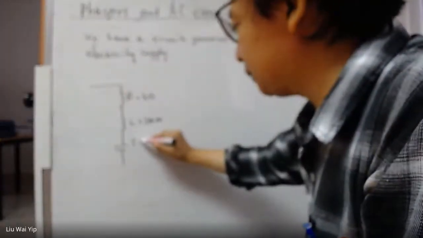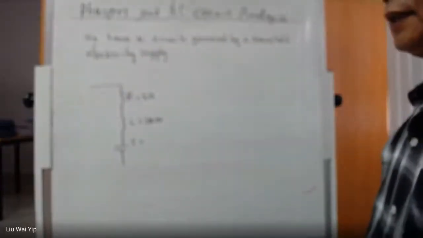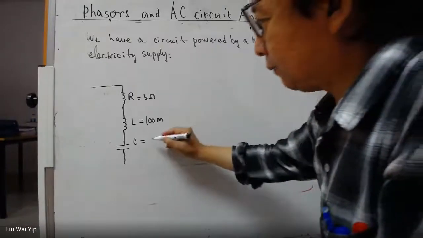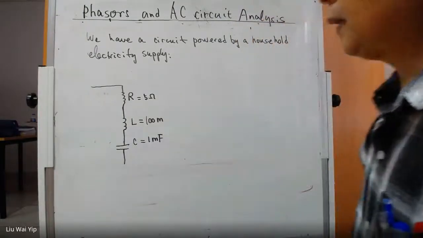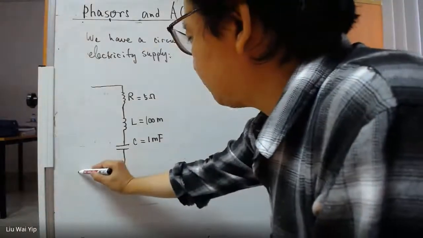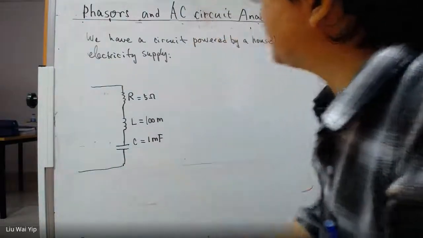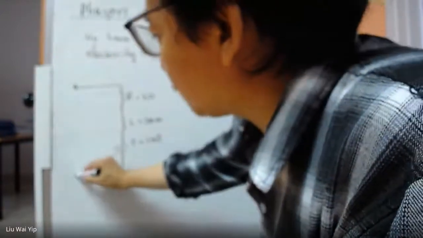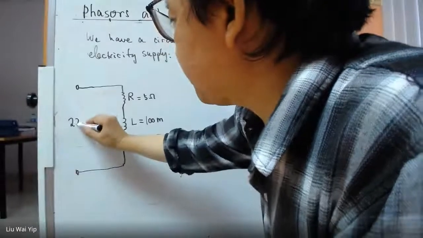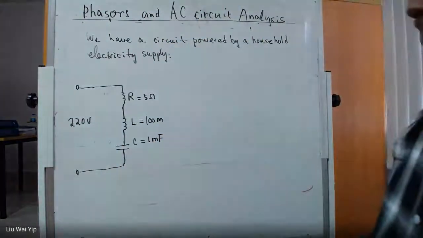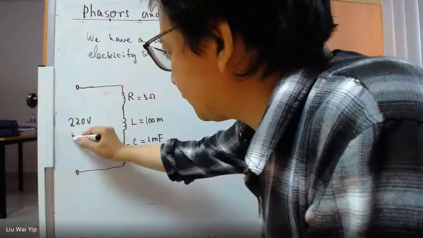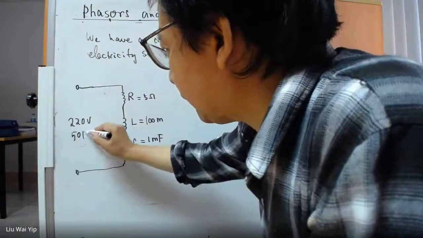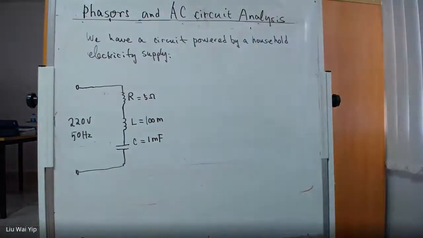It can be a large value, say 1 millifarad. And because this is a household electricity supply, the voltage input should be 220 volts. And the frequency, very important, is going to be 50 hertz. In some countries, this should be 60 hertz.